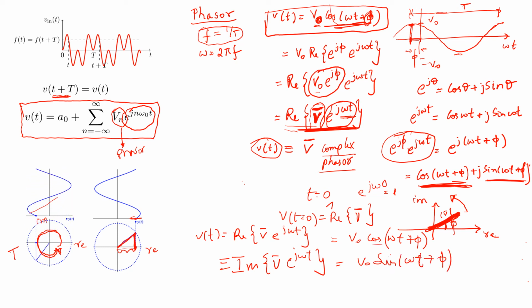Be it cosine or sine, it's still a periodic function, but either convention is possible. Both conventions are being used. So in general, V bar is what is called the phasor, and that is the phasor representation for a periodic signal of a particular frequency f.